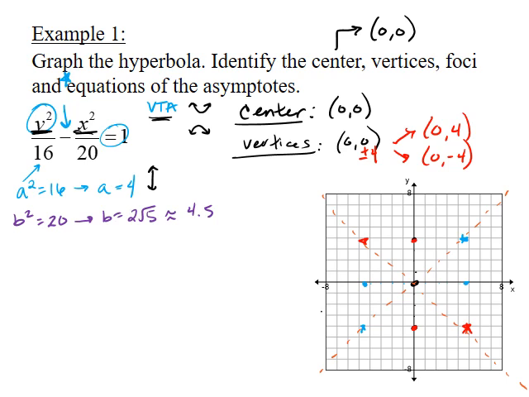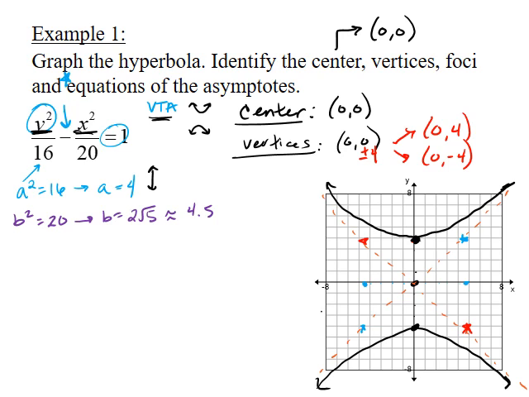But now I can actually sketch in the branches of my hyperbola, because I know it's a vertical transverse axis and this is a vertex and this is a vertex. I'm just going to follow my asymptotes and sketch in my branches. So here is what my hyperbola will look like. If you want, you can then go ahead and erase the square that you drew in because it's not necessary to keep it.